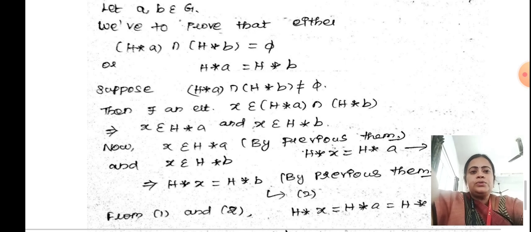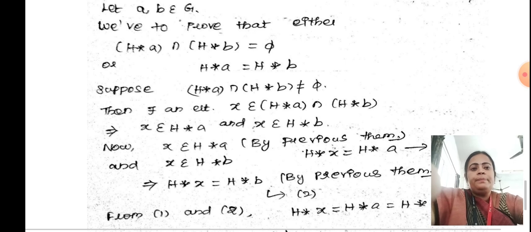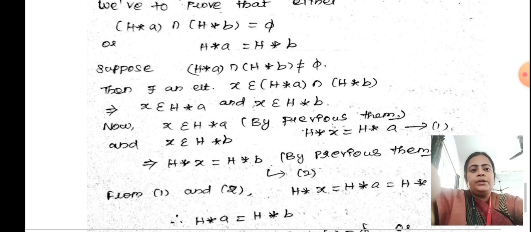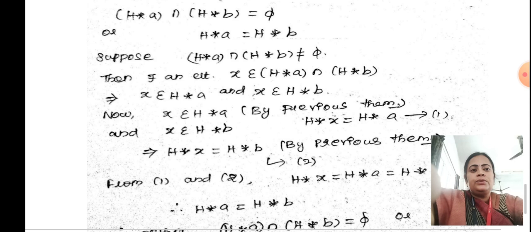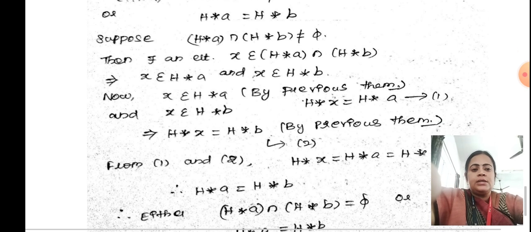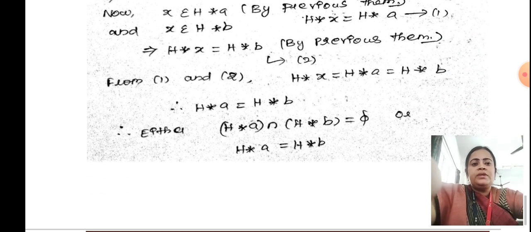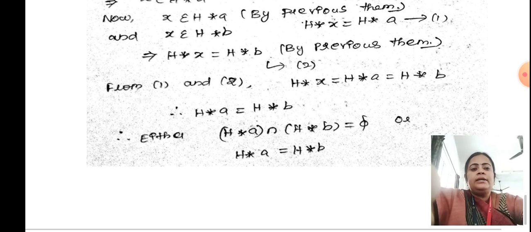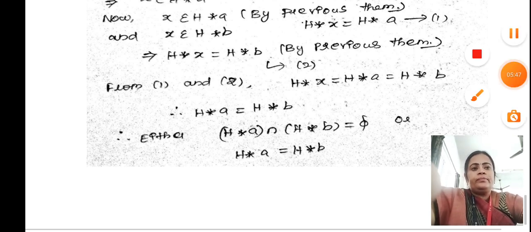So x belongs to H star a and x belongs to H star b implies H star x equal to H star a and H star x equal to H star b by the previous theorem. So from 1 and 2, H star x equal to H star a equal to H star b. So from this we can say H star a intersection H star b is either the empty set or they are equal. Thank you.